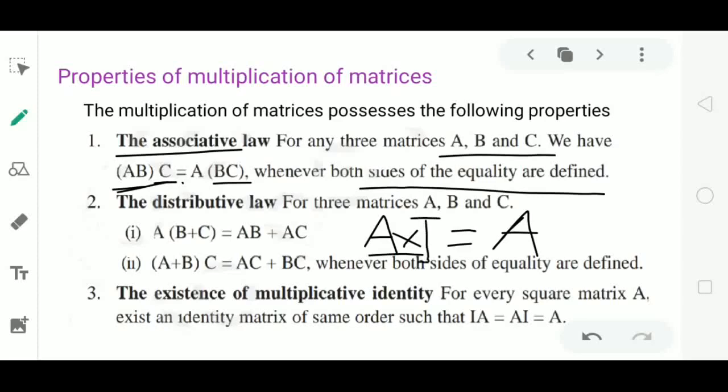Identity matrix is a multiplicative identity because on multiplying matrix A with the identity, we get matrix A itself. Similarly, multiplying I to matrix A, again we get matrix A. So, in multiplication, we consider identity matrix as multiplicative identity.